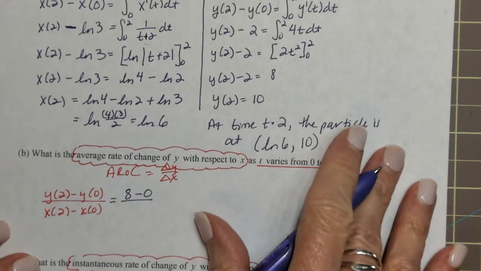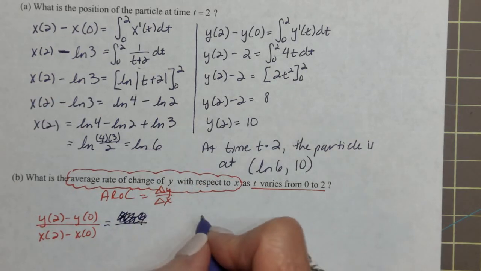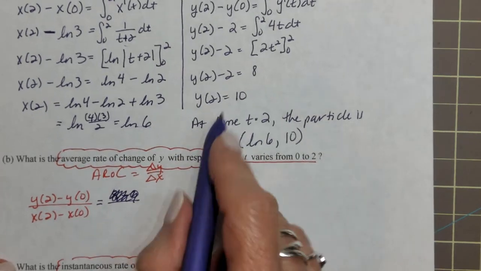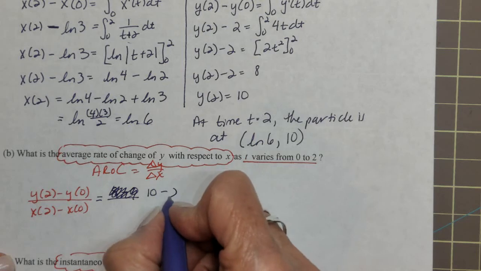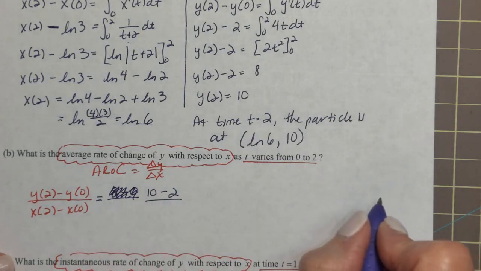Oh, my goodness. Y at 2 is not 8, and y at 0 is not 0. Y at 2 we just found. Y at 2 was 10. Y at 0 we were given is 2. I was using my dy/dt instead of my y's. Okay.